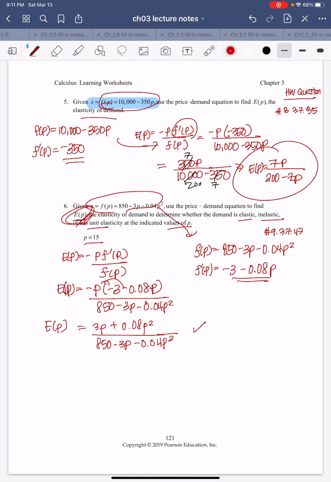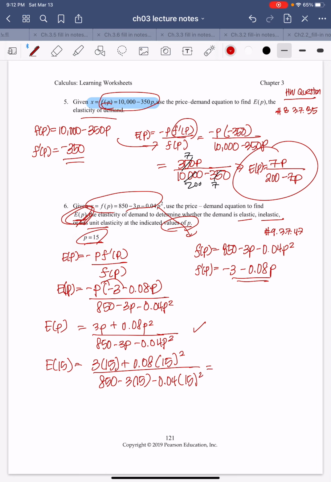Next, let's use the value given, which is p equals 15, and see if we can determine whether the demand is elastic, inelastic, or unit. So plug in 15 for p. 3 times 15 plus 0.08 times 15 squared, divided by 850 minus 3 times 15 minus 0.04 times 15 squared.